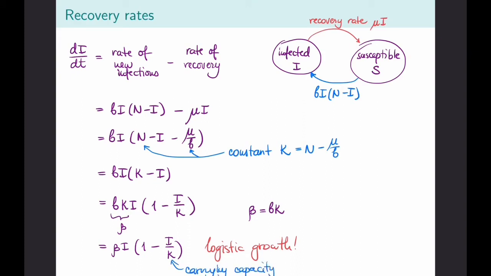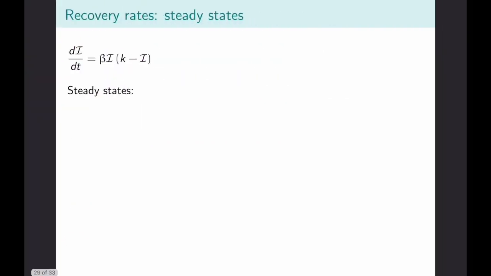Now, let's analyze this model because this is a more realistic scenario where people can, in fact, recover from a disease, and see if we can find the steady states for it and what those would be. Because this is just a logistic growth, I can expect that when I factor things out, I'm going to get a quadratic equation, and I do. So this is going to be beta I k minus beta I squared, a parabola in terms of I, so a parabola looking down.